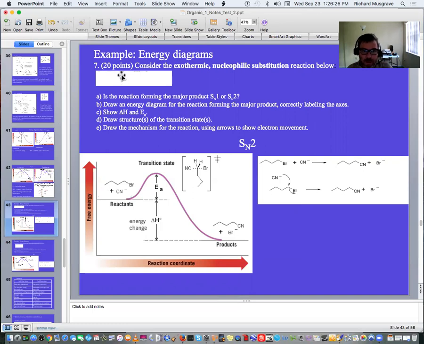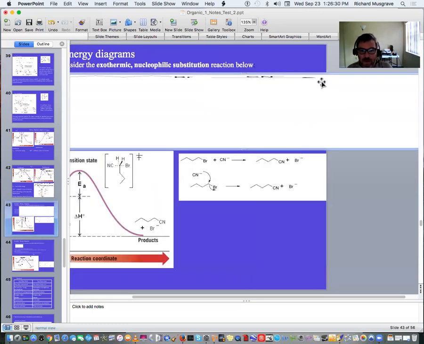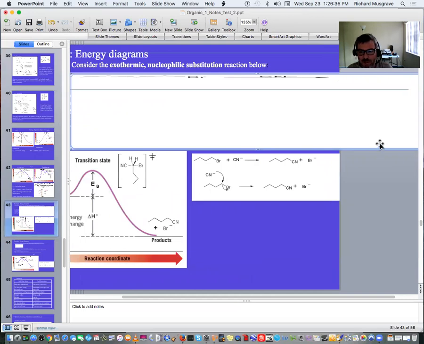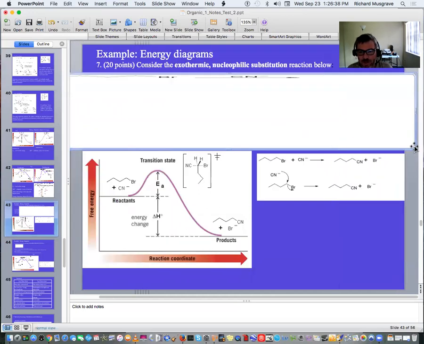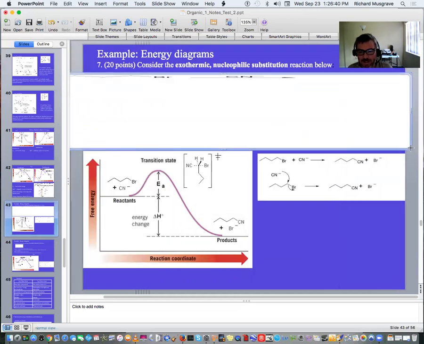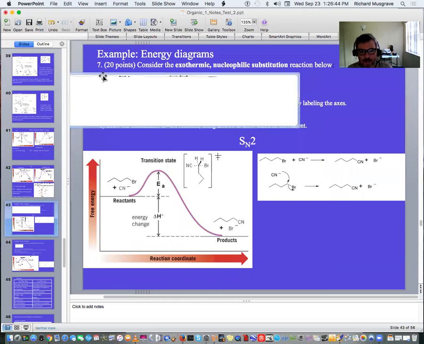For some reason, the... yes, it's not really coming up the way it should. But anyway, I'll redraw it. It's not very much fun, is it? Okay.